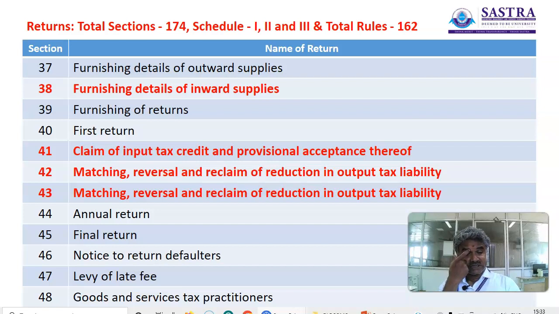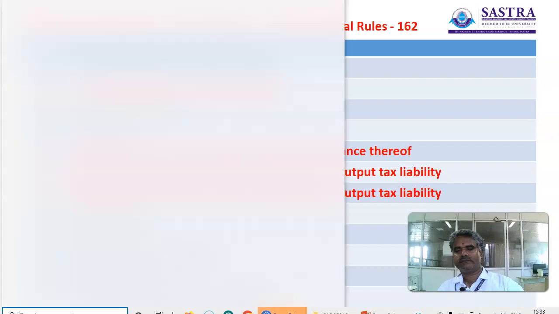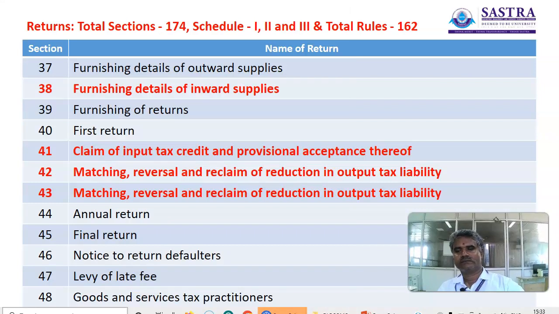Here, what are the sections we have to cover? Section 37 is furnishing details of outward supplies. Here we have to file GST 1.